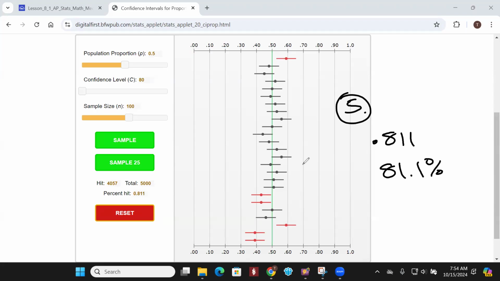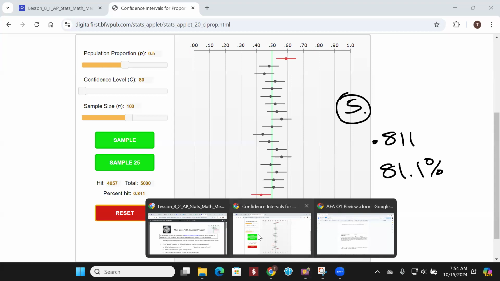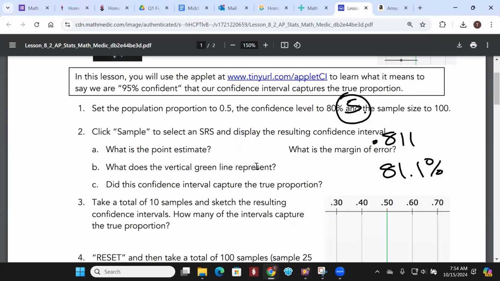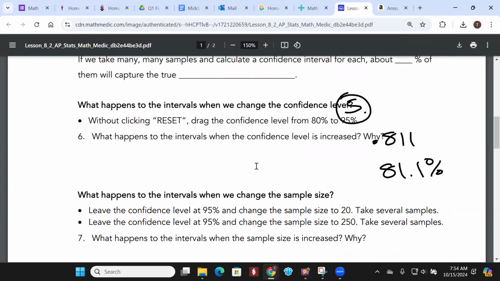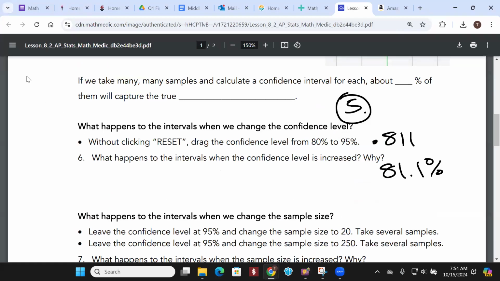So we're going to have about 80% fall in that range. 80% will capture the true population proportion. And we talked about this in the last one.